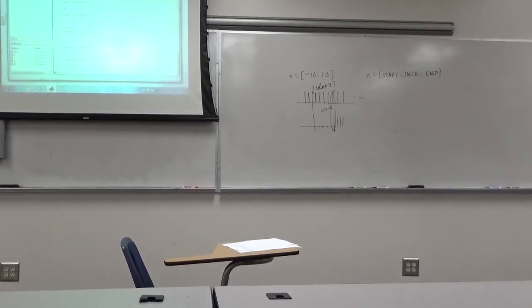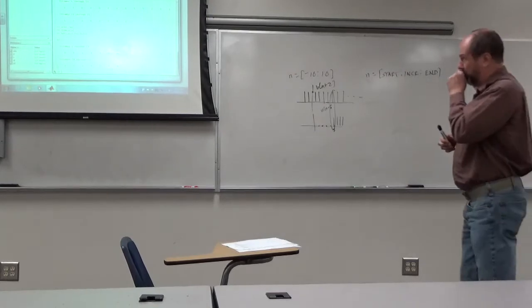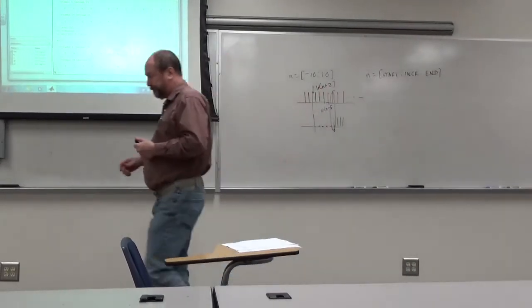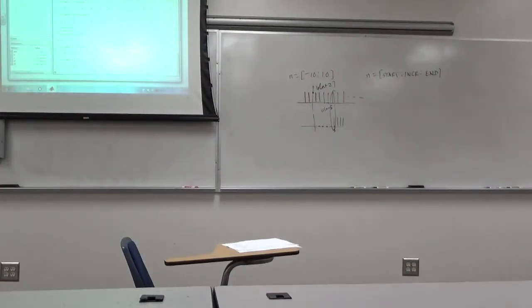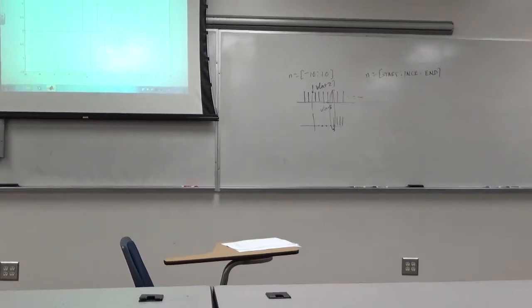Okay? Now y'all see how to change those. And by the way, when you do a stem plot of a signal, you'll need to do the n first. Otherwise, watch what happens if I do this, just stem x.